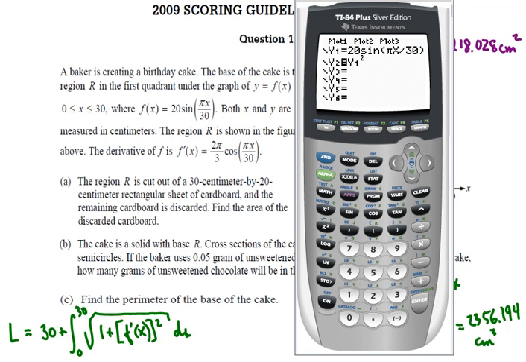There's not really a whole lot that we can use at this point. I might as well just put that whole radical expression into the calculator.